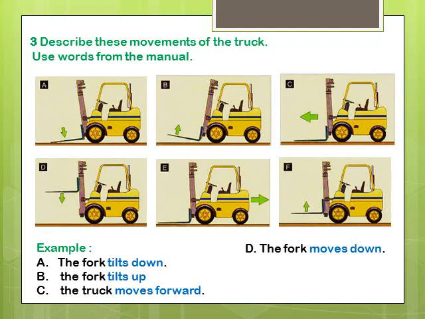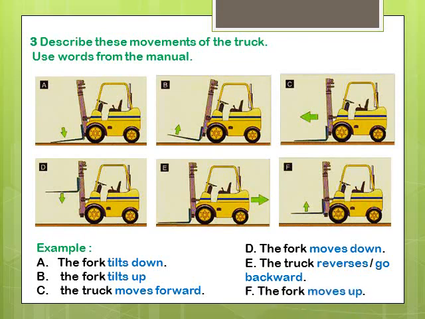For E, the truck reverses, or the truck goes backward. They are correct. For F and the last one, you are correct. The fork moves up. And now let's move to the next.